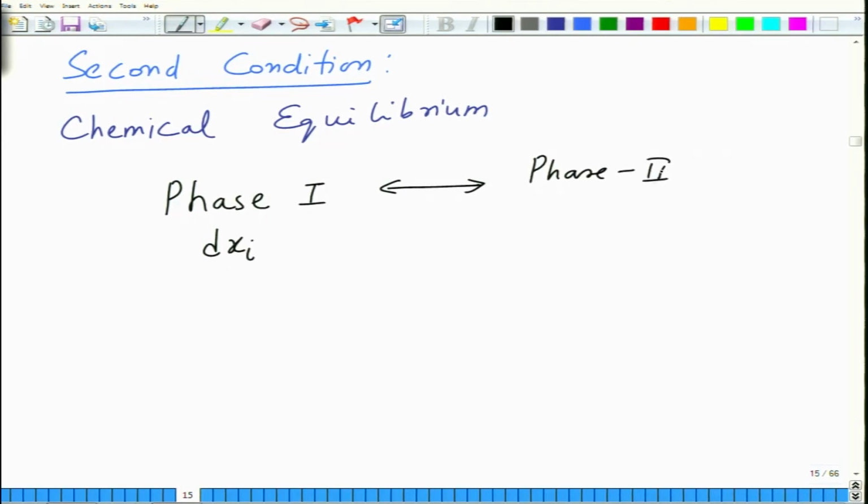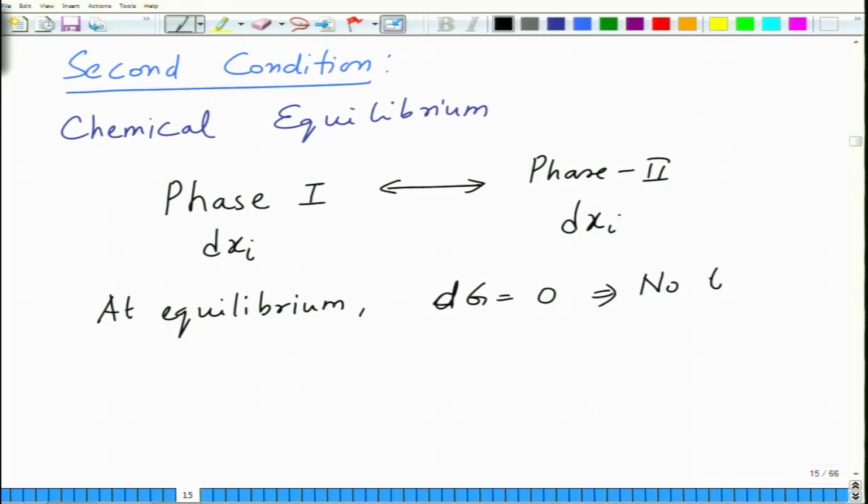So there is a transfer of mass between two phases, and you add here dxi. At equilibrium, if the equilibrium is maintained, then delta G is equal to 0, so let us say dG is equal to 0.